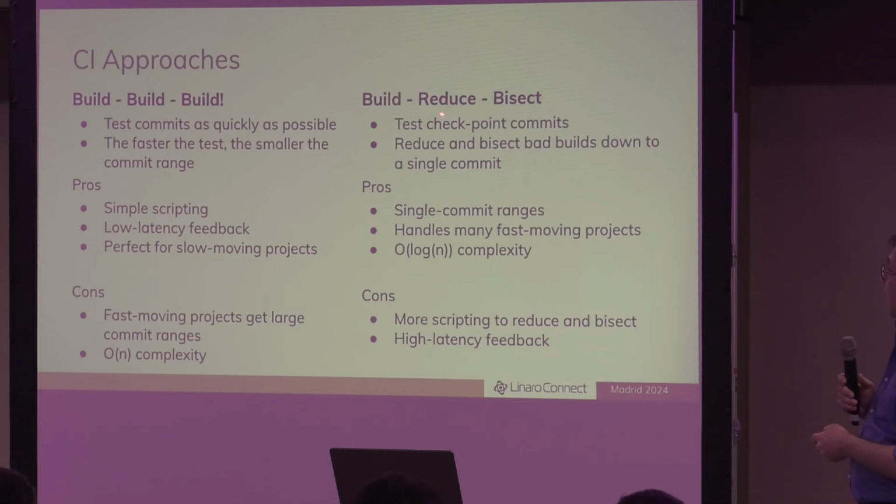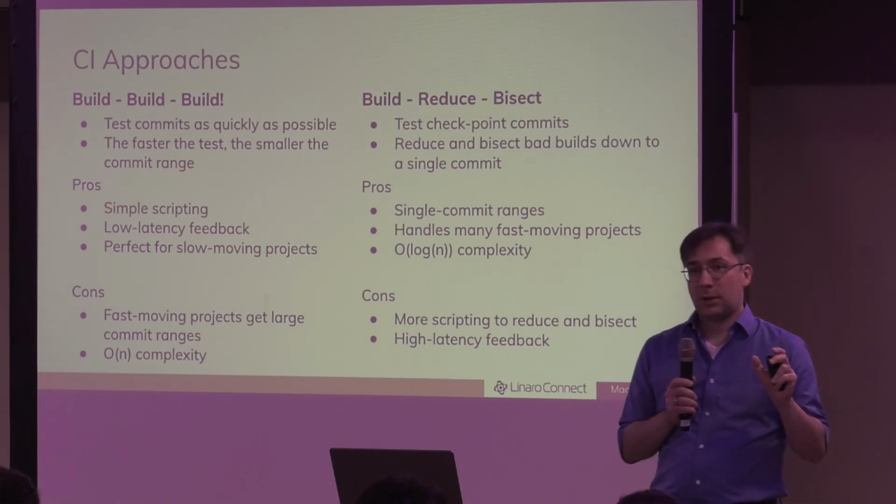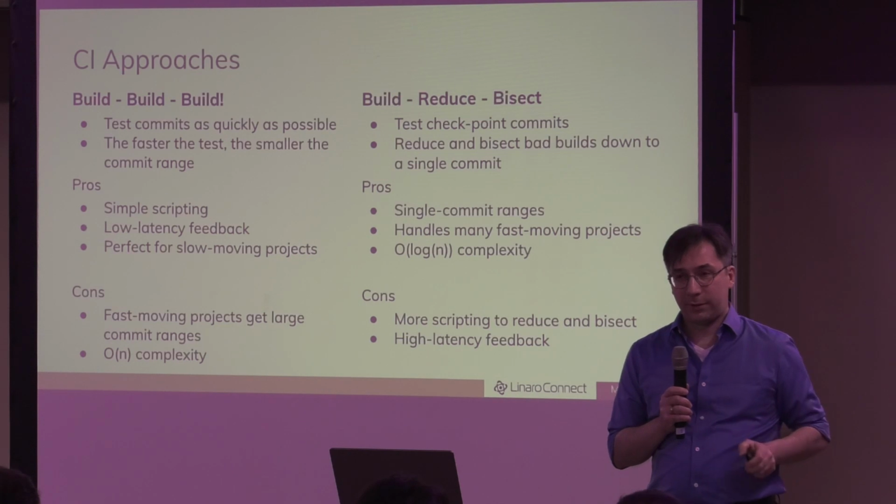There is an additional step here. It's not just build and bisect. Reduce step is when we are narrowing down which of the open source projects is responsible for the regression.